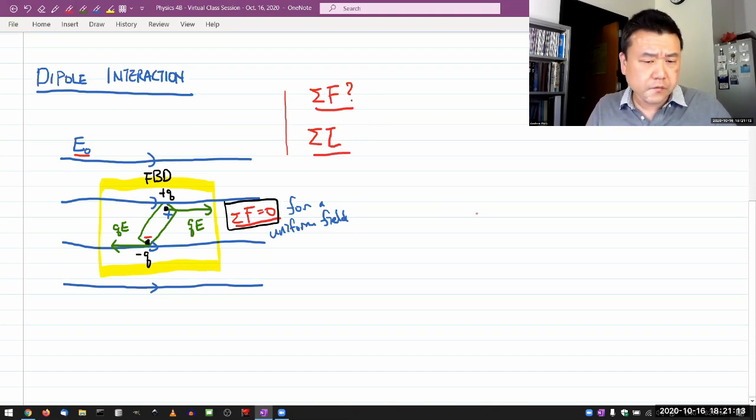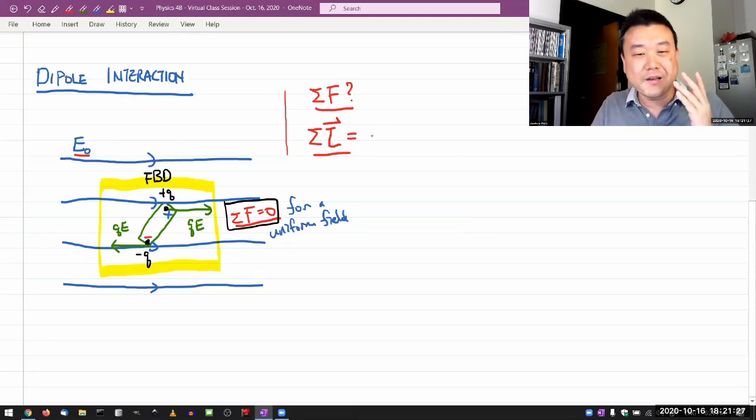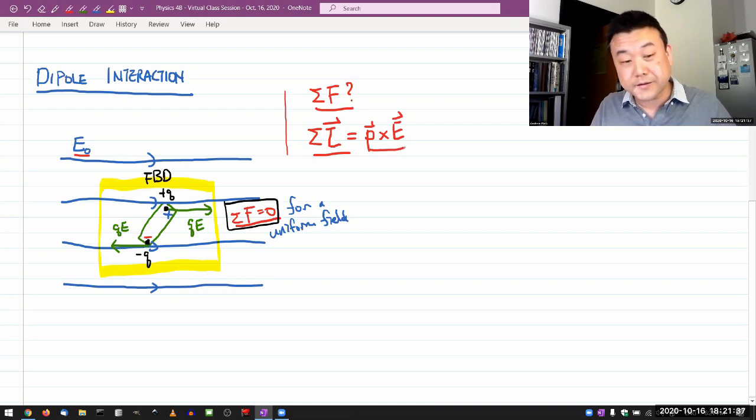For this, let me just give you the formula, and I will leave it up to you to verify that this formula is true. The net torque on a dipole, this is how I have it memorized, is the electric dipole moment cross product with the electric field. These are all vector quantities, and these are all vector products.